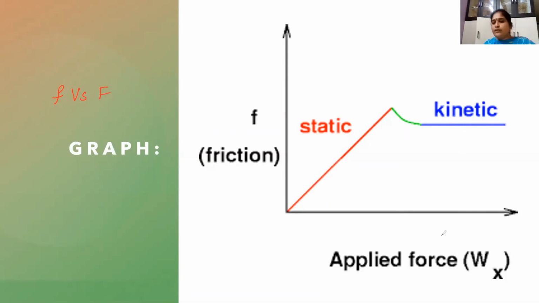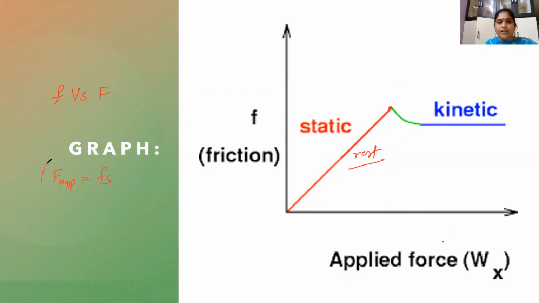So now only we have seen the analytical and mathematical approach. As the applied force is increasing, till the red line the body is at rest. That means as you increase the applied force, it will be equal to the static friction.